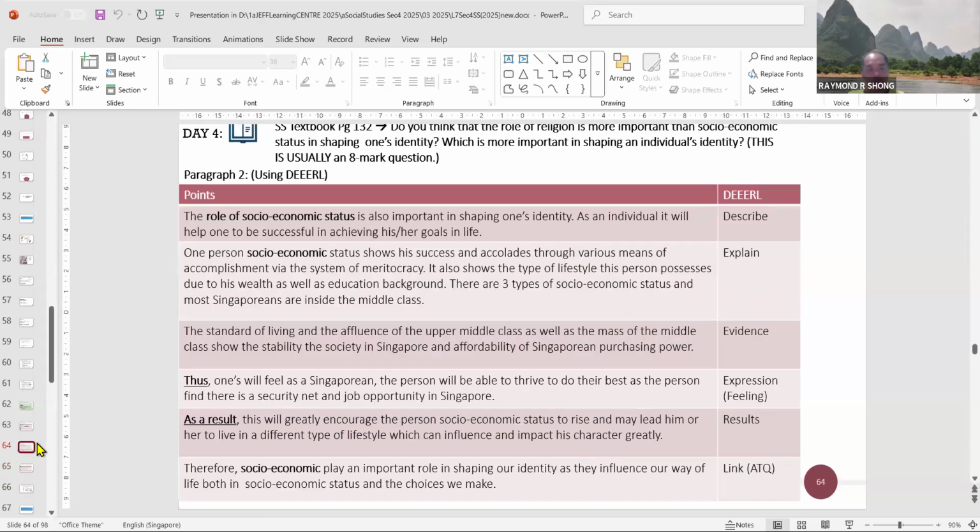Okay? Remember to link back. So if there are two, for example, your parents' love is more important to you or your grandparents' love is more important to you, Bohan. So you write the first paragraph all about parents' love. Then the second paragraph, you write about grandparents' love. Then the third paragraph, who is more important to you? I think I told you all last week, Tuesday, right? One of the students, the whole entire class wrote that parents' love is important.